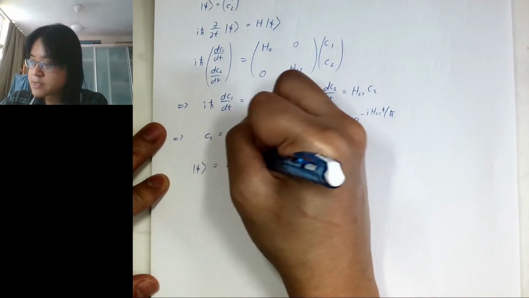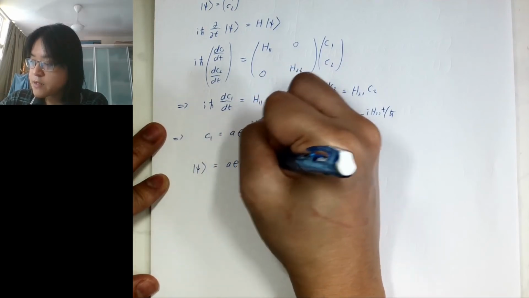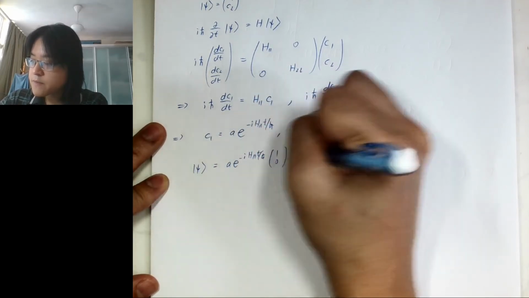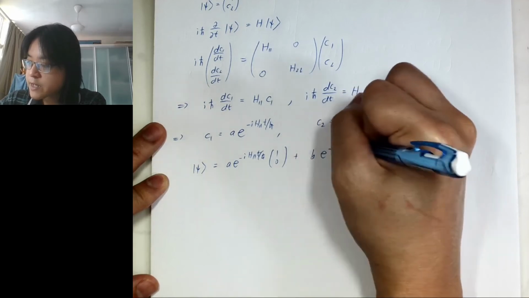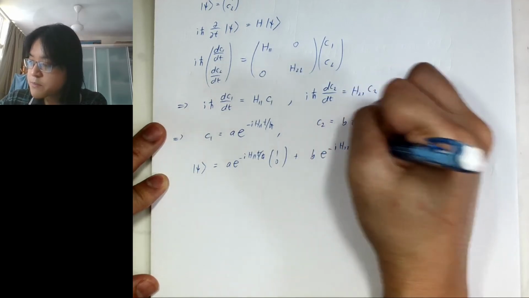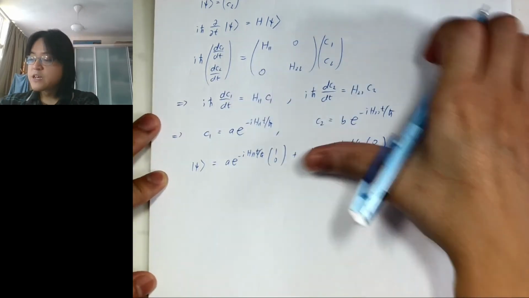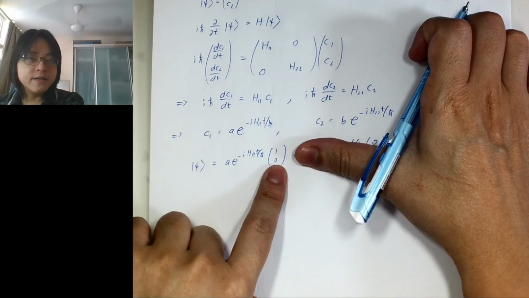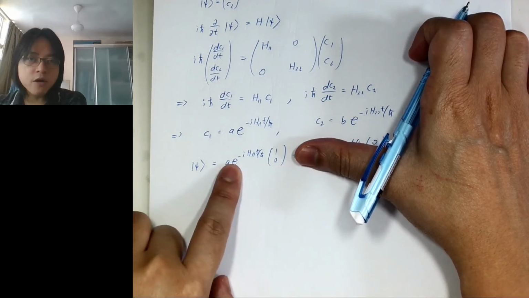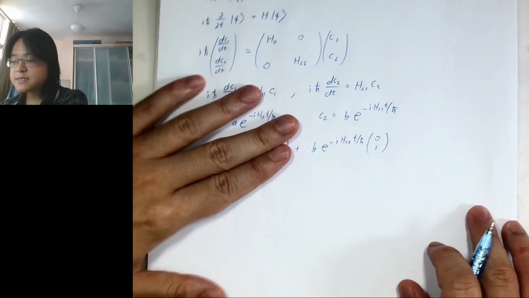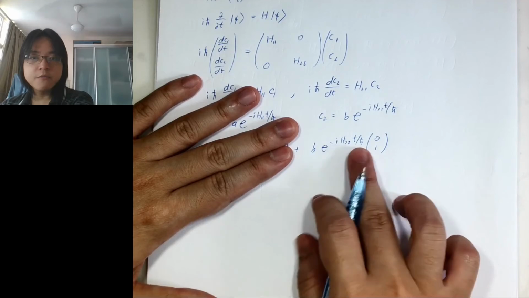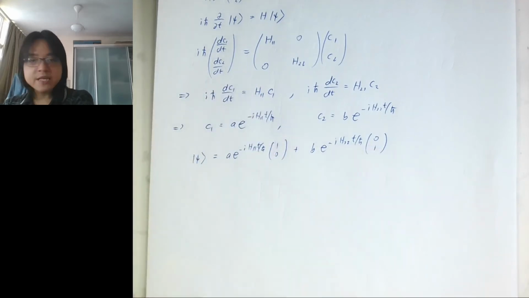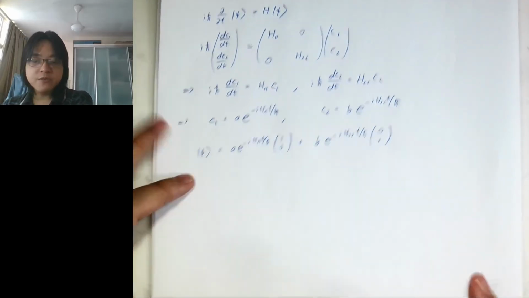So the solution is just A e^(-i H11 t/ħ) times (1, 0), and then B e^(-i H22 t/ħ) times (0, 1). If my state started out in this form, then it will continue to be like this. If my state started out in this form, it will remain in this state. There is no mixture; it will not change between the two.